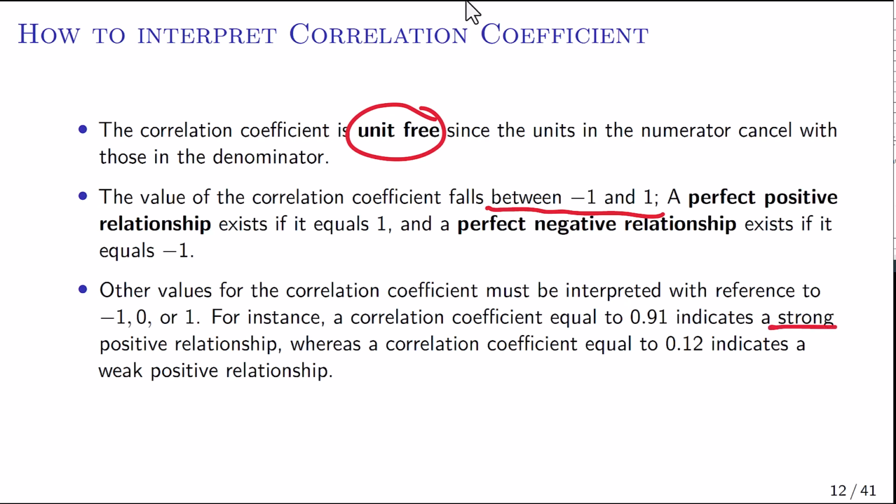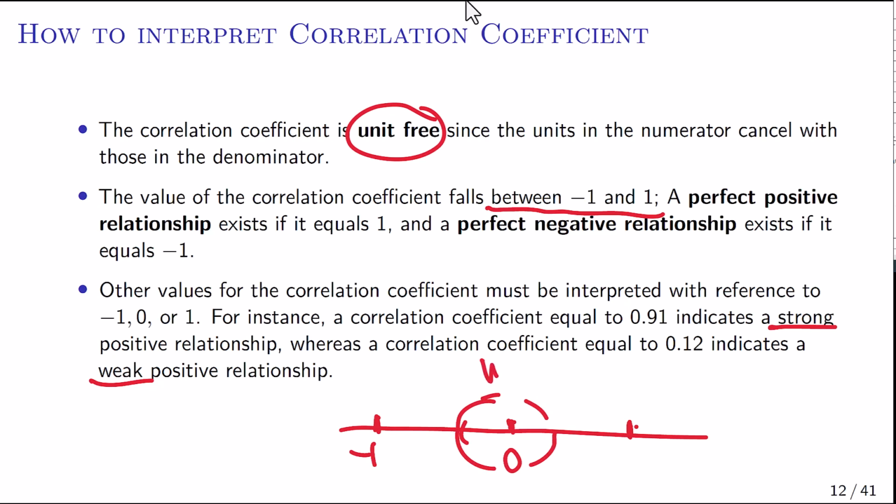Whenever it's close to 0, that means weak, because it has 0 in the middle and then -1 and 1, right? So if the correlation coefficient value is around this 0 part, that's kind of weak. For example, a 0.12 is a weak positive relationship. If it's -0.12, that's a weak negative relationship.